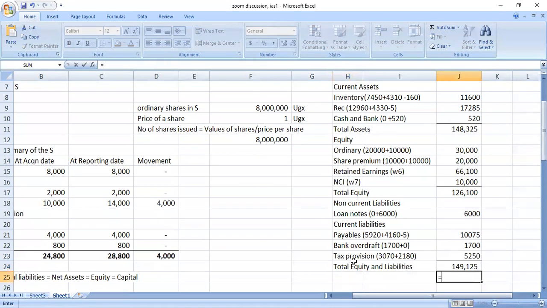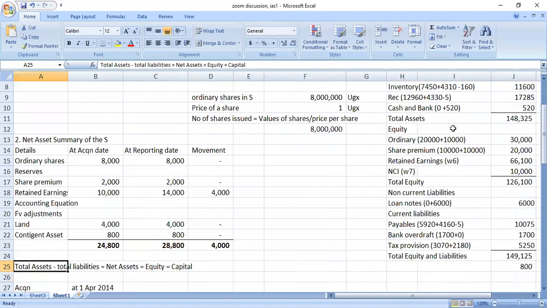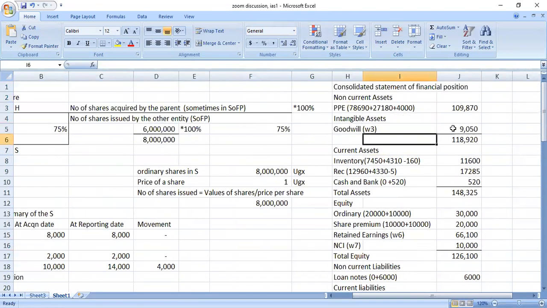Okay, here's what I forgot. This minus that, I have 800. Where do you have the 800? Contingent asset, I forgot to bring it. Contingent asset, the current asset, you bring it here.